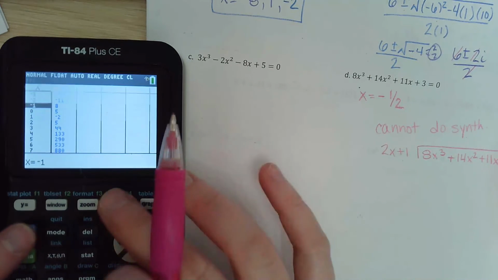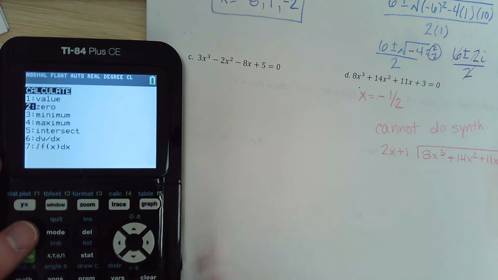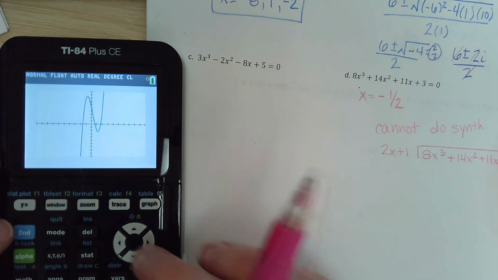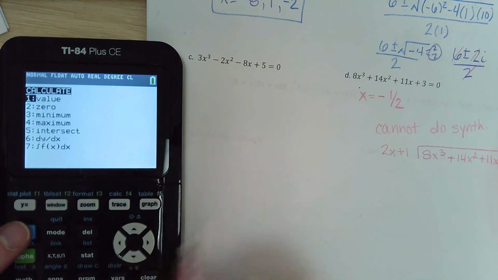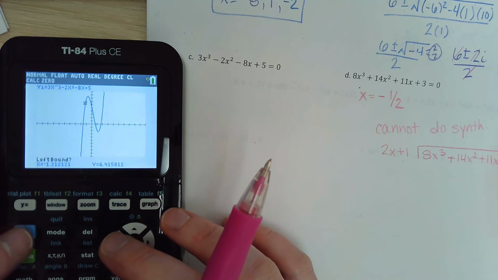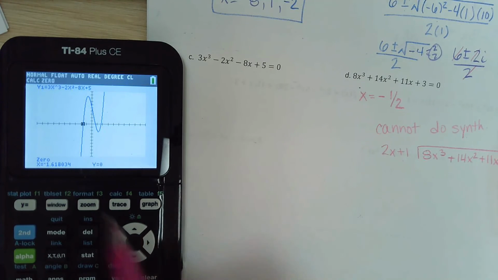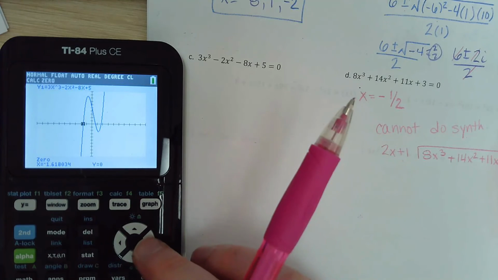So I'm going to go to second calc and calculate out my 0. And I see that these are all fractions. So second calc, 0, enter, enter, enter. That's not pretty.